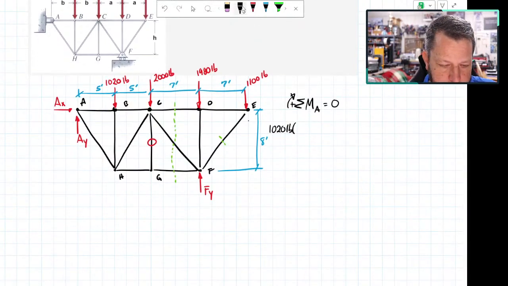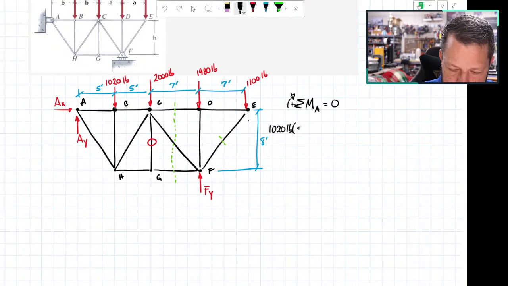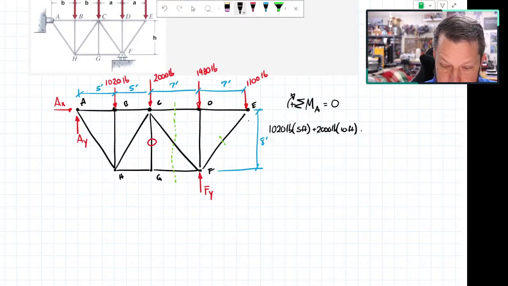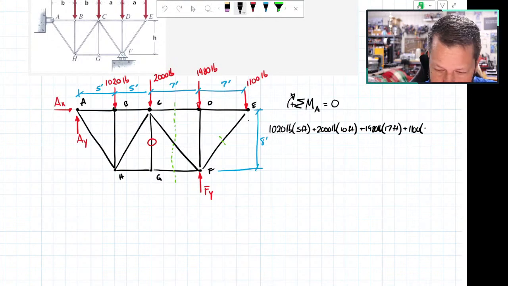So 1020 pounds has a moment arm of 5 feet. The 2,000 pounds has a moment arm of 10 feet. The 1980 has a moment arm of 17 feet. And the 1100 has a moment arm of 24 feet.